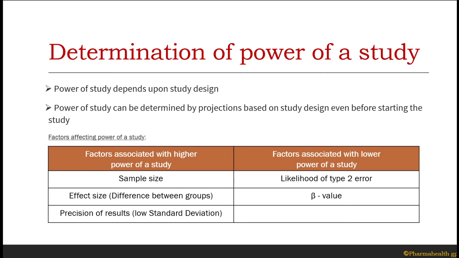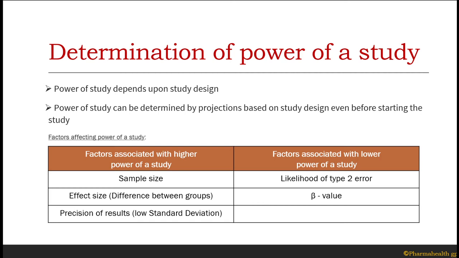Let's say the outcomes are reported for two groups having 100 patients in each, and the mean blood pressure of group A is 85 mm of Hg, and group B has a mean blood pressure of 88 mm of Hg.